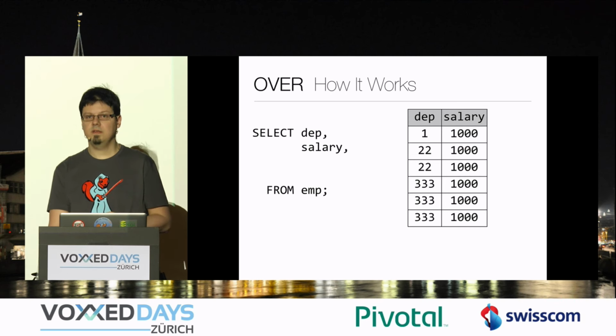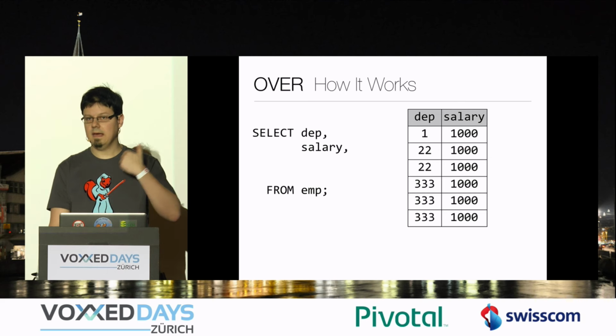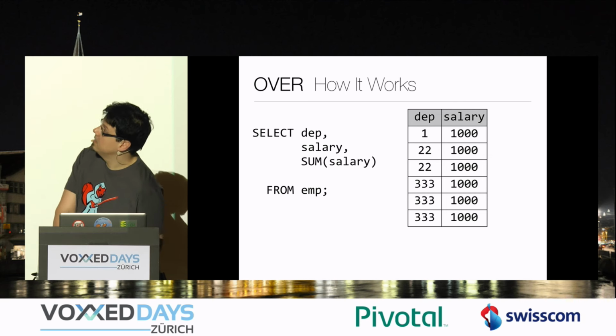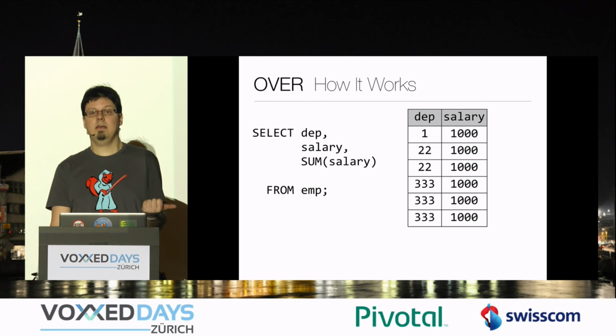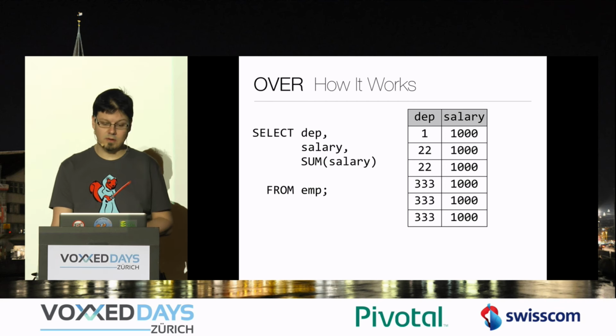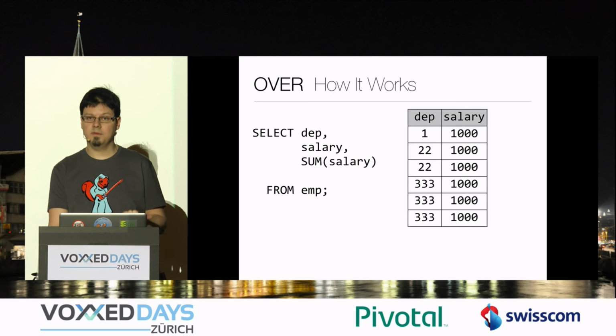If you want to use one of these aggregate functions, you just add a new column. So I'm putting a comma up there, if you can see it here. And you just use any aggregate function you already know: sum, count, max, min, average, whatever you like. But you don't want to collapse the rows, so you have to use the over clause after it. And within the over clause, you can specify which rows are to be summarized.